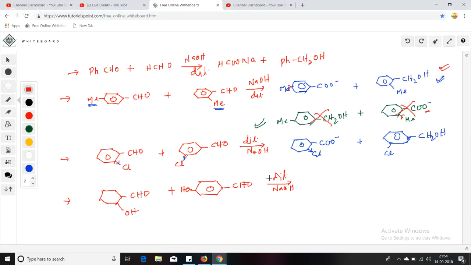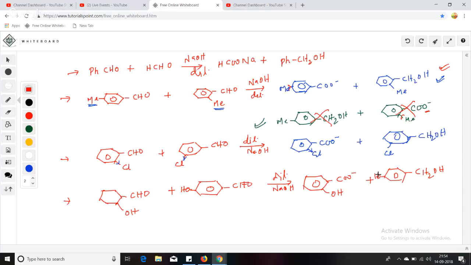Okay, the product in this is what? COO minus, and this is the ortho, plus CH2OH, and this is the para.